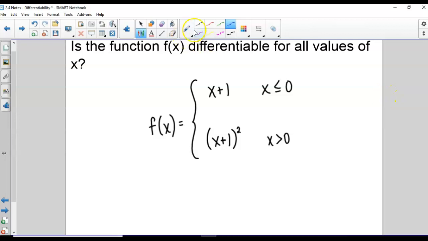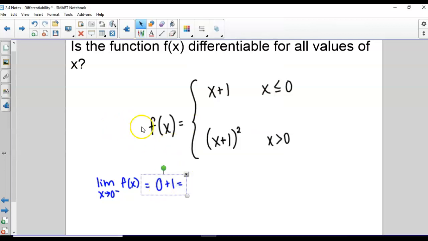Okay. So, we would check for continuity. So if we did the limit as x approaches 0, and the only place this is going to have a problem is at 0. Limit as x approaches 0 of f of x from the left, that would be 0 plus 1, which would equal 1.